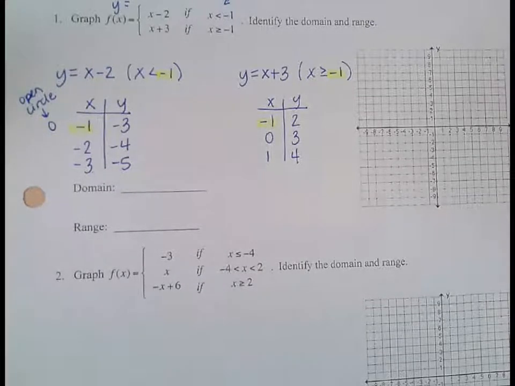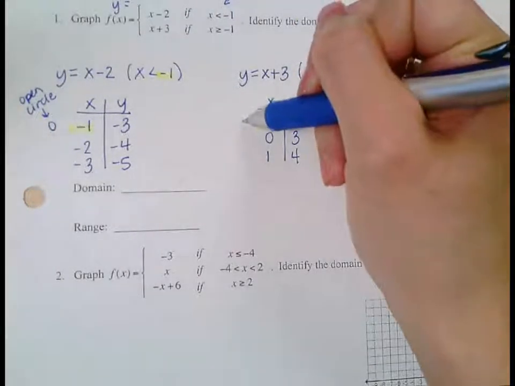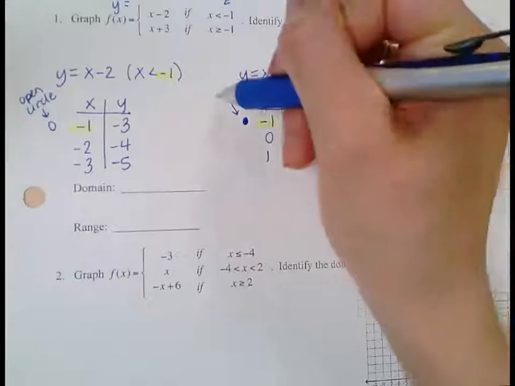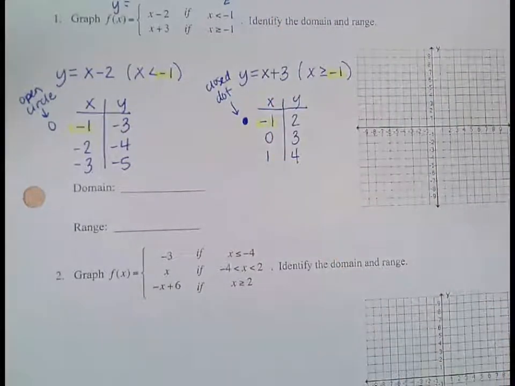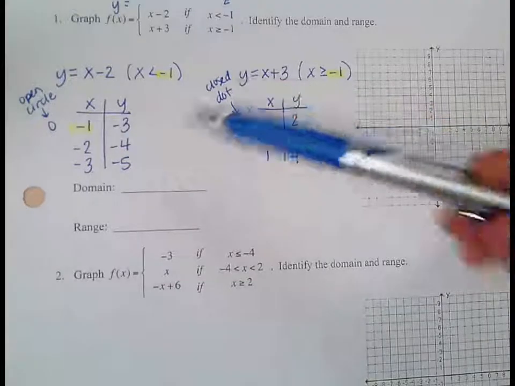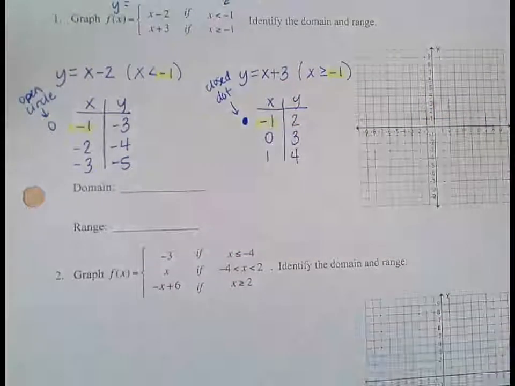And then for the second one, because it's greater than or equal to, that would be a closed dot. The remaining points, those you just plot as normal. So you would plot them as actual dots. So it doesn't mean that every point in your first table has to be a circle, just that first point.